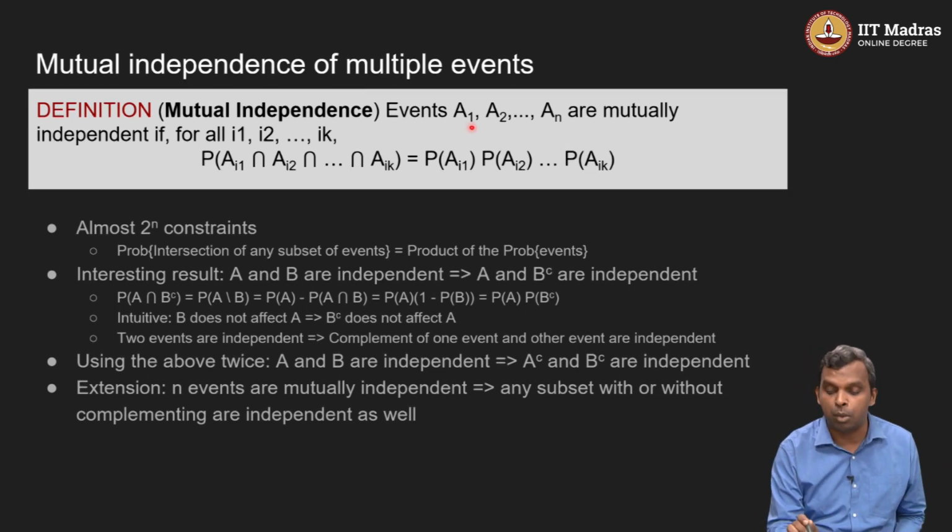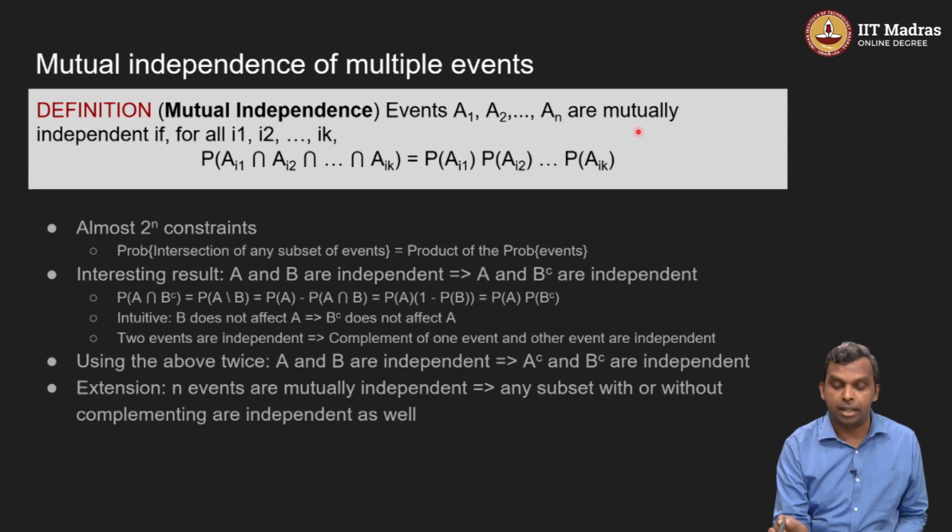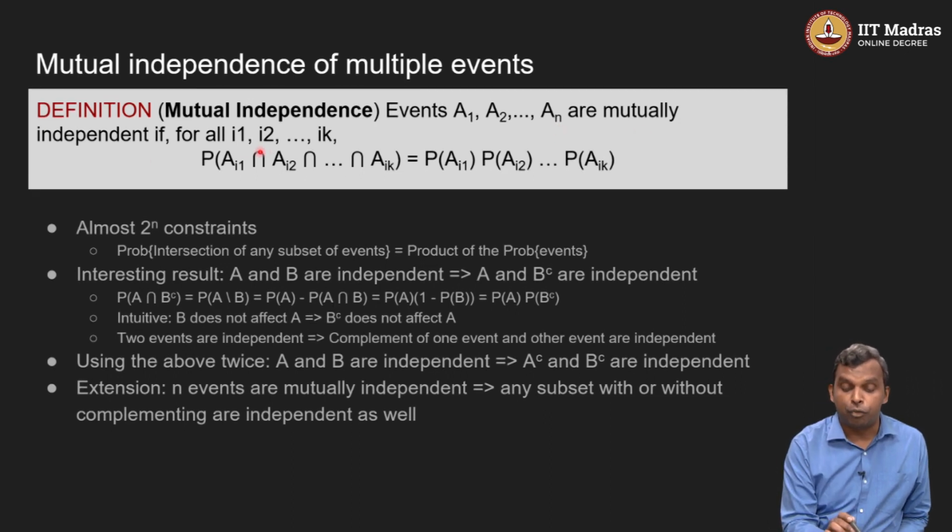If you have n events A1 to An, they are said to be mutually independent if for every collection of subsets of these events, you pick I1 to Ik and you look at A_I1, A_I2, A_Ik. You pick any subset, whatever, any subset. You can take subsets of size 3, subsets of size 4, 5, 6, 7, everything. Okay.